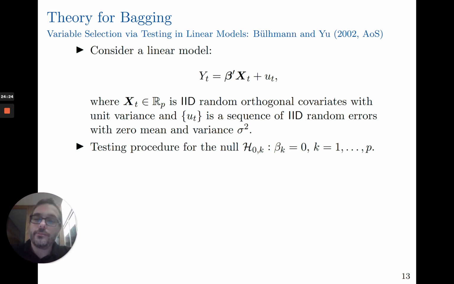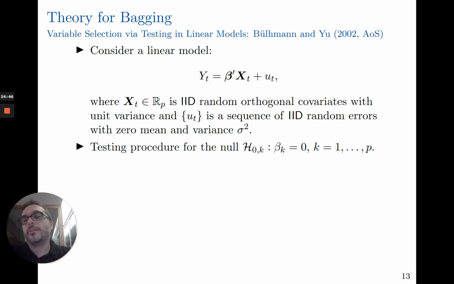We run the regression, we compute a t-test to test the hypothesis that the kth variable has a coefficient in the population that equals 0. If we do not reject the null, we remove that covariate.